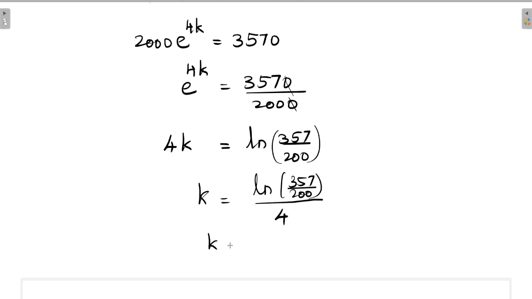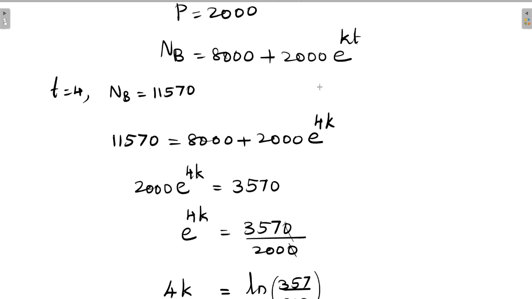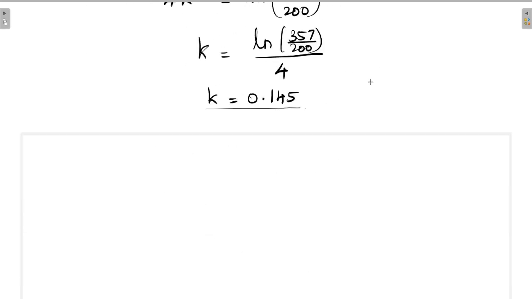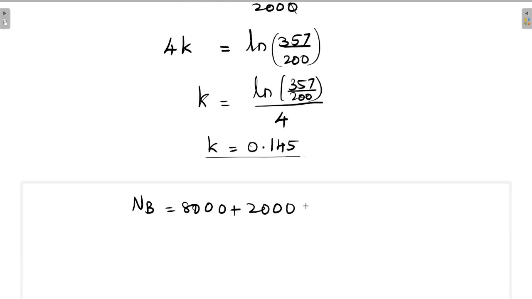Using the calculator, we write the answer to 3 decimal places: 0.145. Now we can replace this value in our NB, so NB is equal to 8,000 plus 2,000 e power 0.145t.